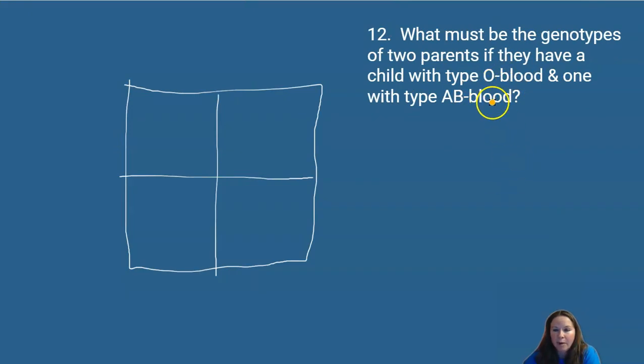Here's a codominance problem with blood type. Remember, with blood type, A and B are both dominant together, codominant, and O is recessive. What must be the genotypes of two parents if they have a child with O and another with AB? So we know that one parent has to be A and the other parent has to be B in order to have an AB child.